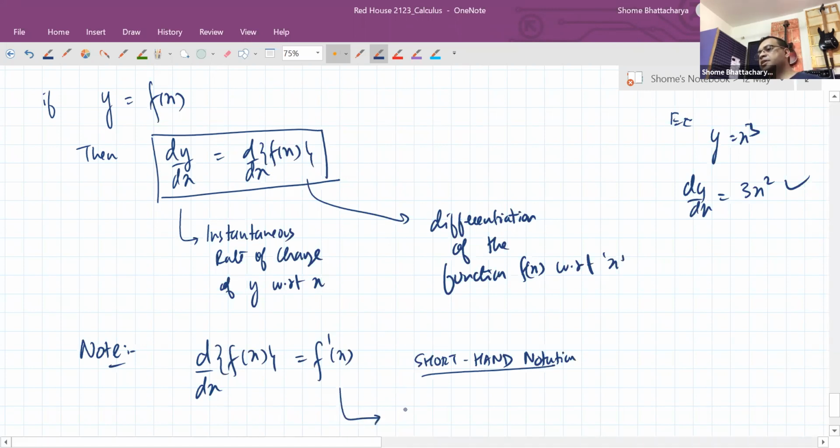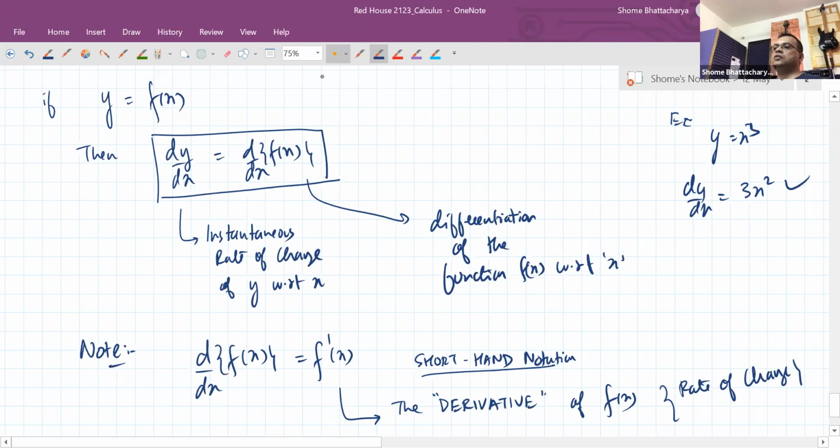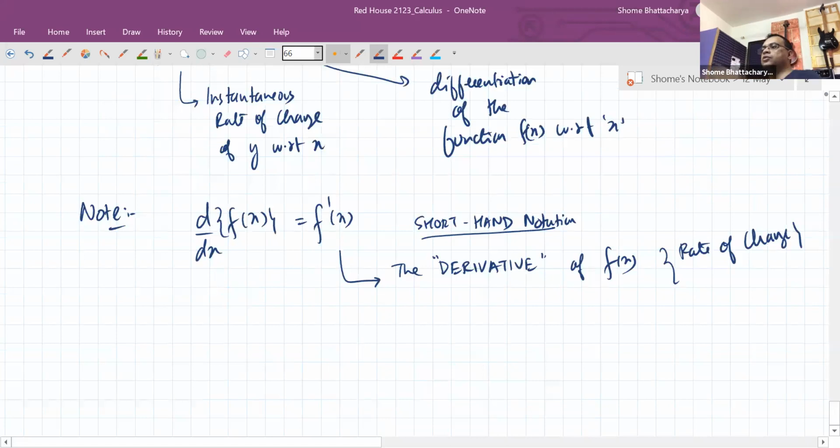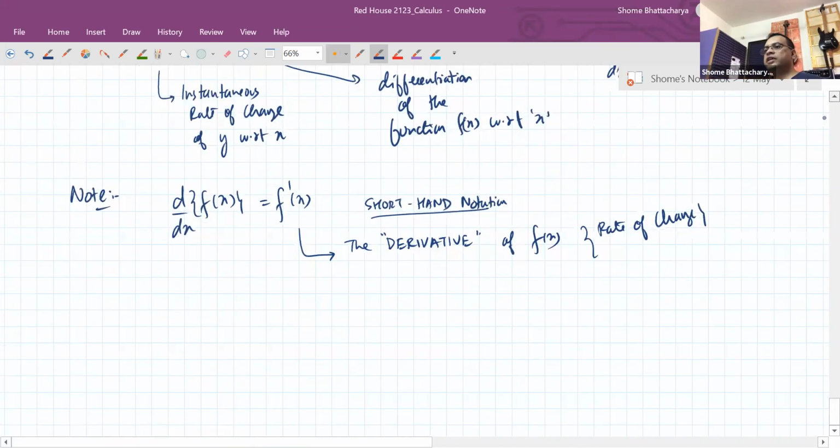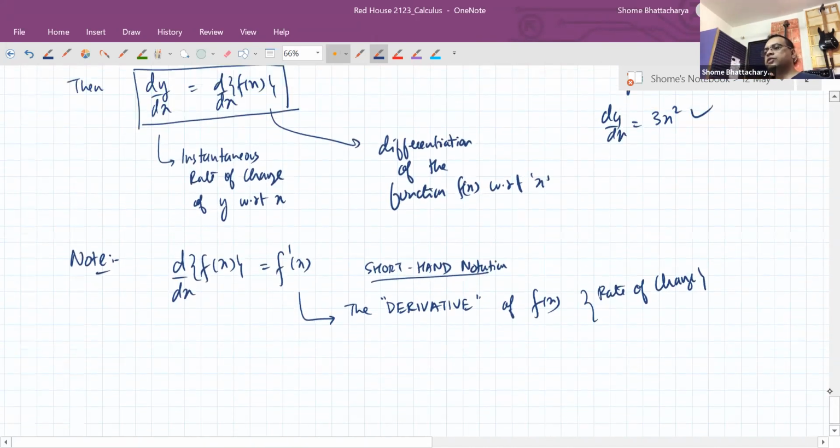And this f prime x is called the derivative of f(x), which is nothing but the rate of change. So you can make a quick note that the derivative of a function is the rate of change of the function.